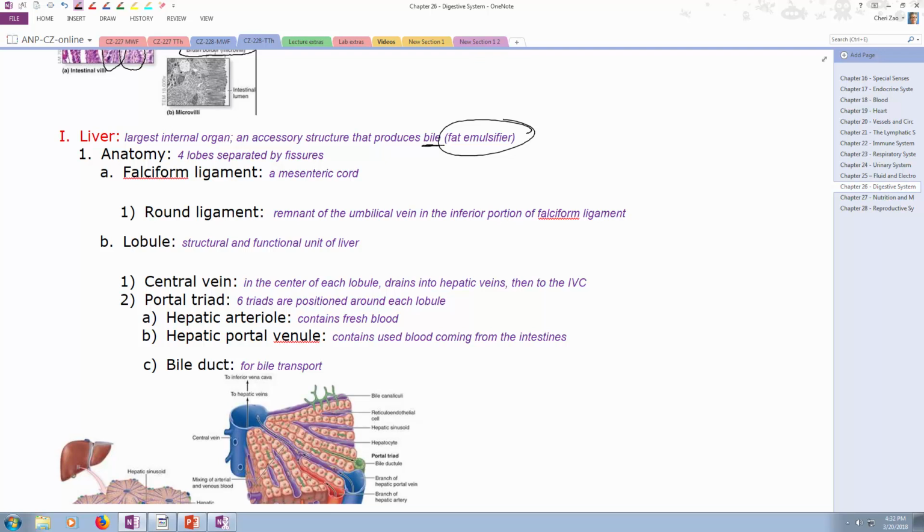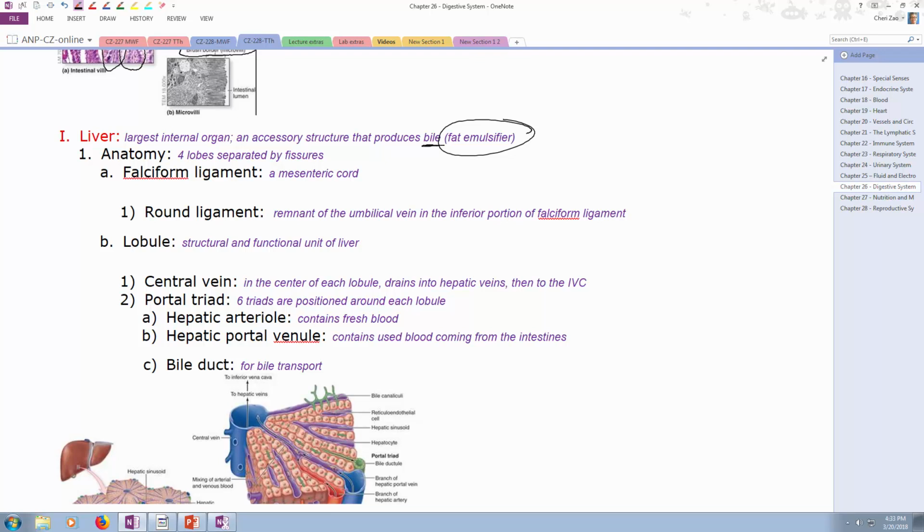Because of that larger surface area that you've created, the digestive enzymes can actually break them down to the monomers that we need for absorption back into the digestive system or the blood vessels of the system. And so that's what bile does. Bile is an emulsifier and makes the big fat pool into all these teeny tiny little globules that digestive enzymes, or lipases, can actually work on.